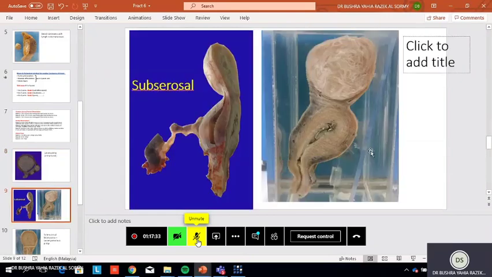There is another one, can you see this? This subserosal. Don't say subserosal means it arises from the serosa. No, it actually arises from the myometrium, but it protrudes through the serosa. So we call it subserosal.